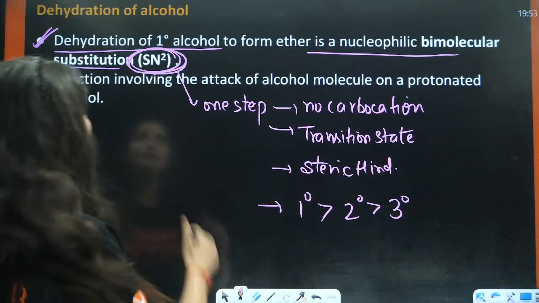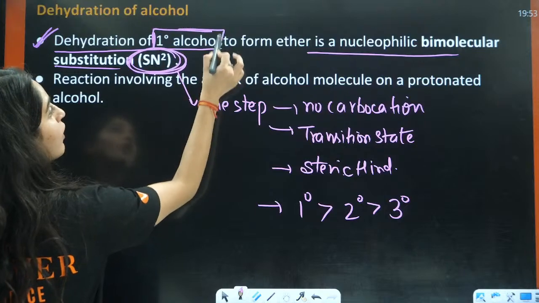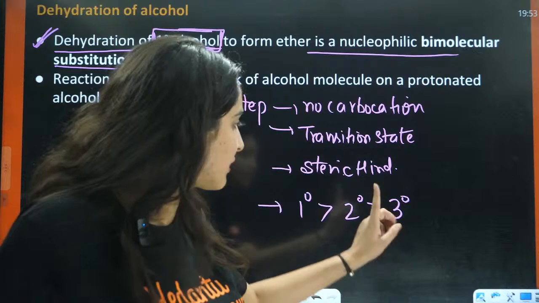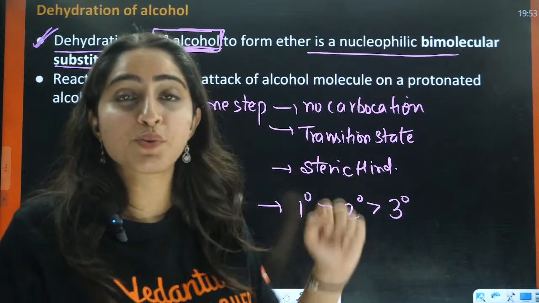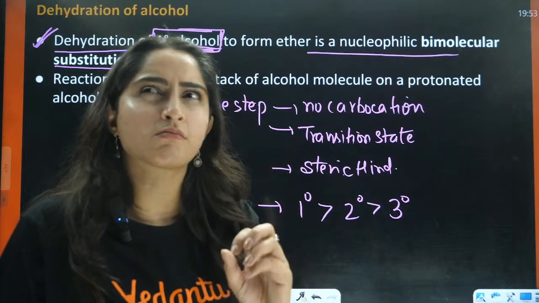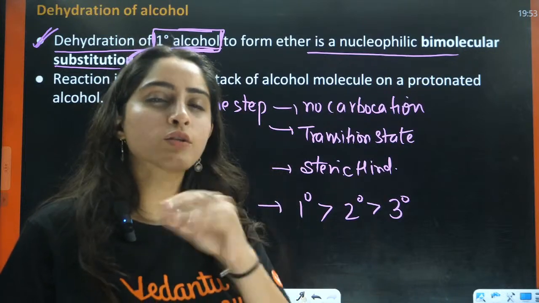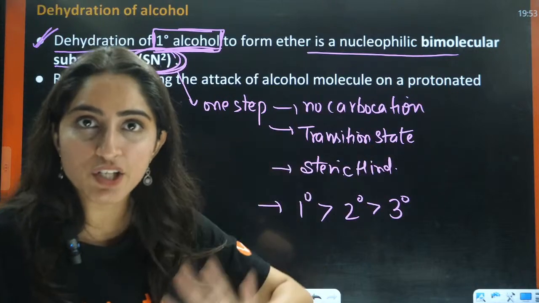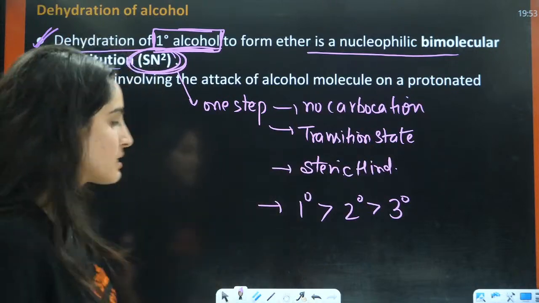That is why I am saying that 1 degree alcohol will give this reaction. Because 3 degree is very crowded, it is very difficult to give SN2 reaction. 2 degree also is difficult. 1 degree can easily give this dehydration to produce ethers, right?